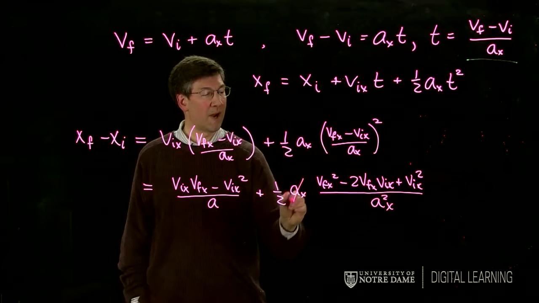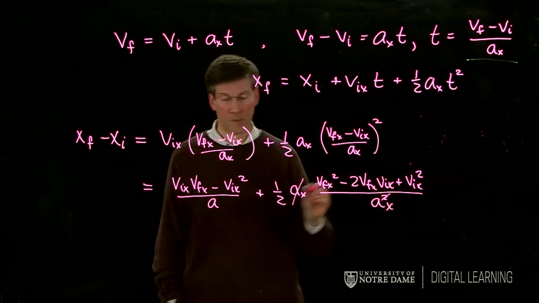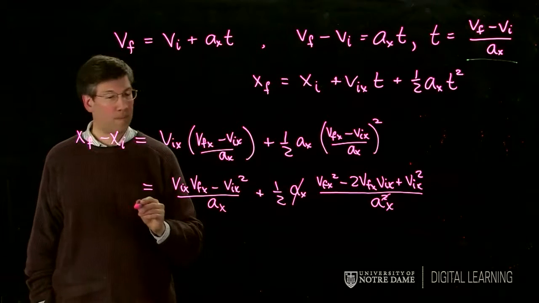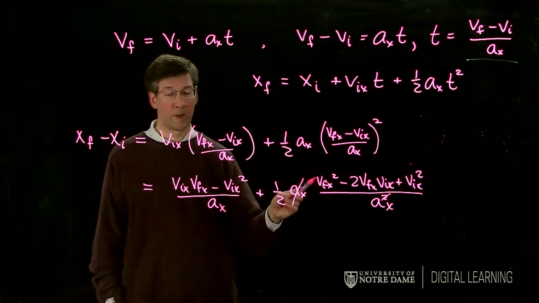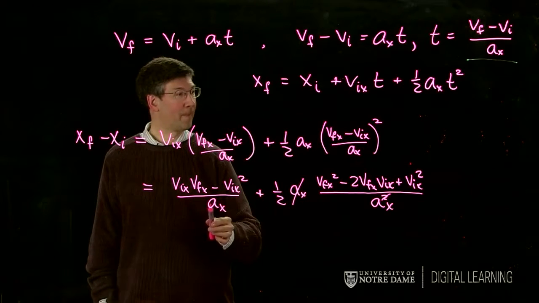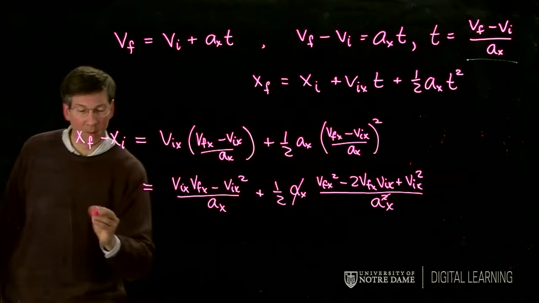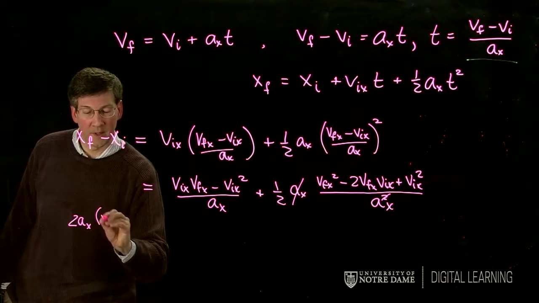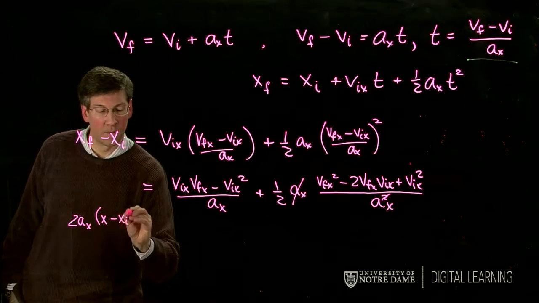So now you can see that this factor of a is going to cancel out, and so both of these terms are now divided by a. To clear this out, I'm going to multiply through by 2 and multiply through by a. Over on this side, I'm going to get 2a times x final minus x initial.